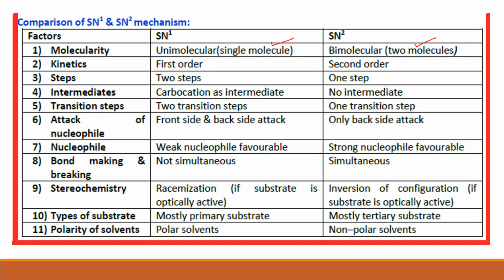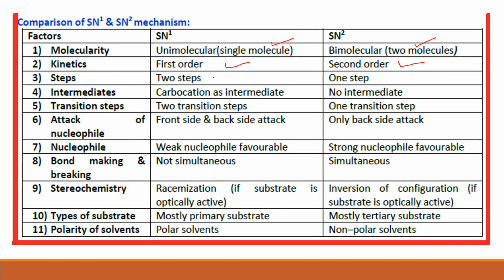And since it is a single step reaction, the first step itself will indicate the rate. And in the first step, there are two molecules, both the alkyl halide and the nucleophile, which determine the molecularity. In talking about the kinetics, SN1 is first order and SN2 is second order.